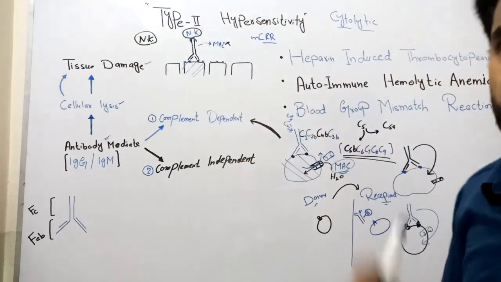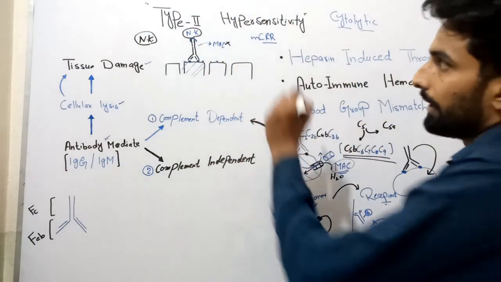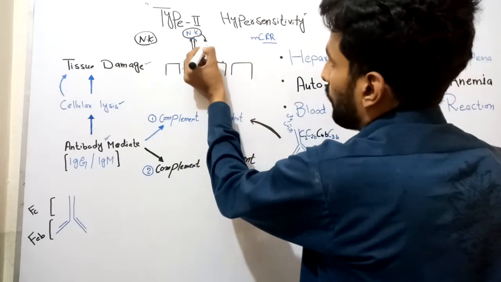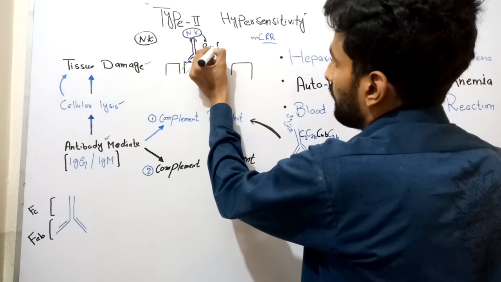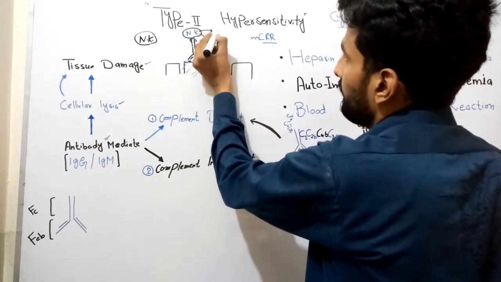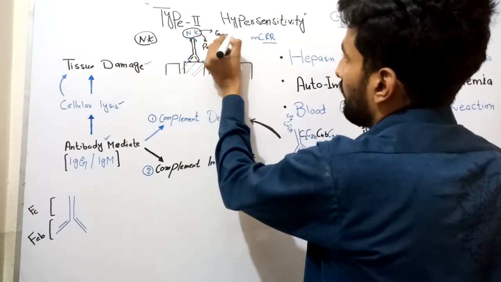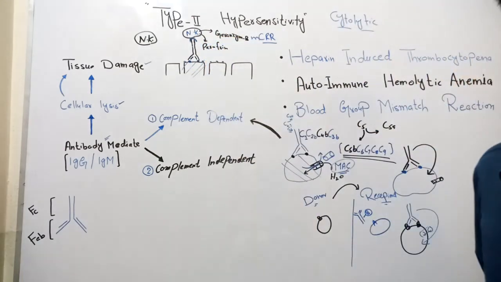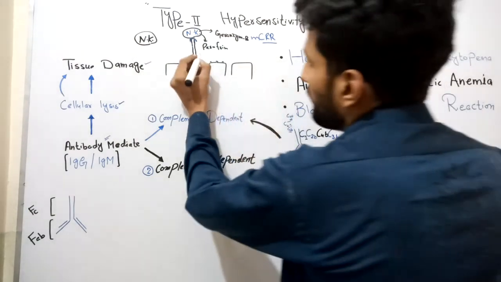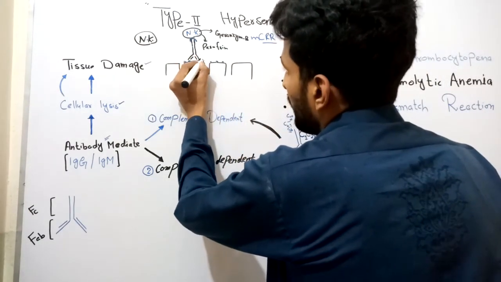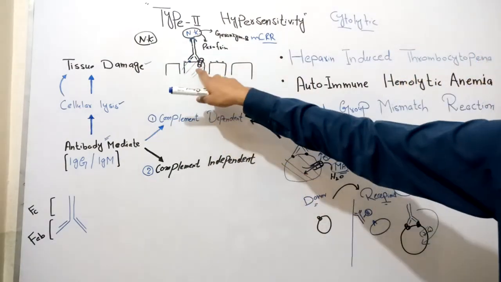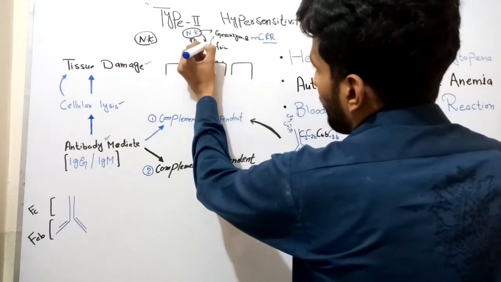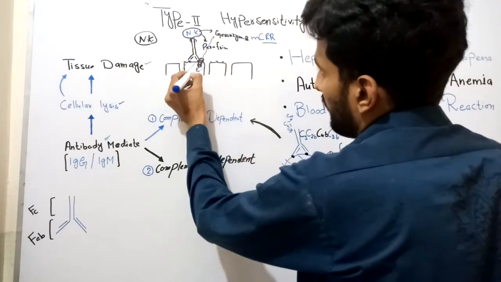And once this interaction has taken place, the natural killer cell will release two very important enzymes. The one is perforin, another is granzyme B. Perforin and granzyme B. Now, perforin is a small pore-like protein. It will cause small pores in the nucleated cell, and from these pores, the granzyme B will enter inside the cell.